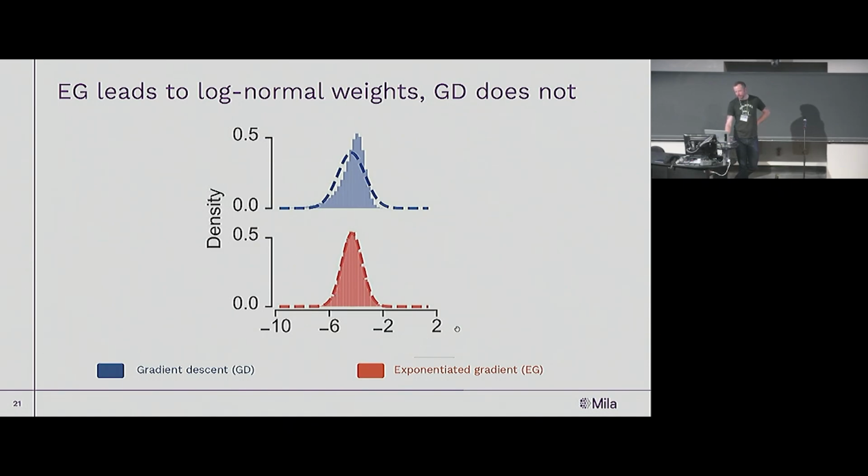And this is a logarithmic space on the x-axis here. So the result is that this is a log normal curve for EG, whereas for gradient descent, GD, it is not log normal. Okay, so it is true, EG respects the phenomenological data better than gradient descent.